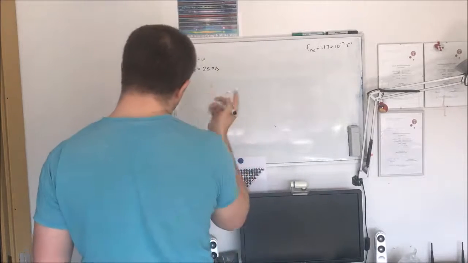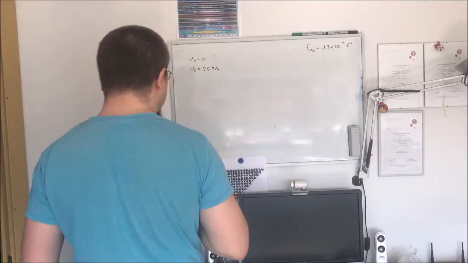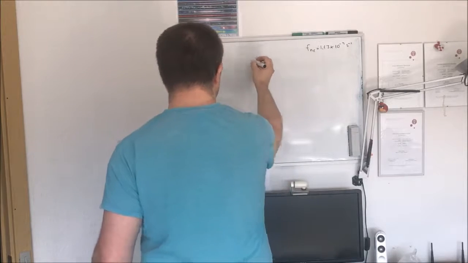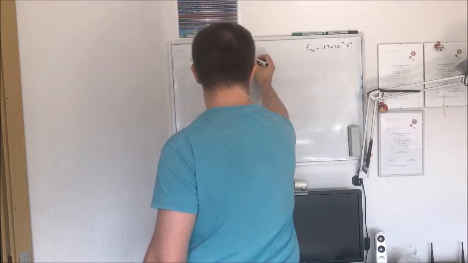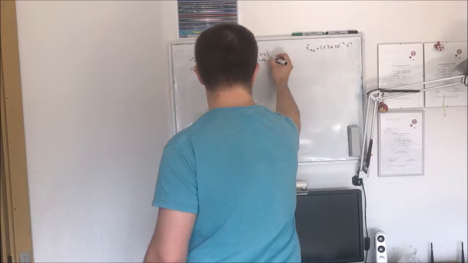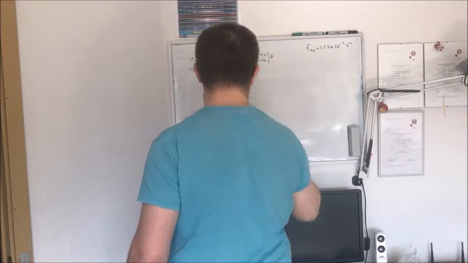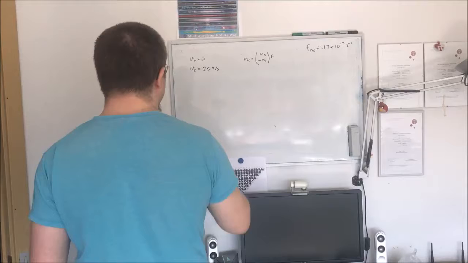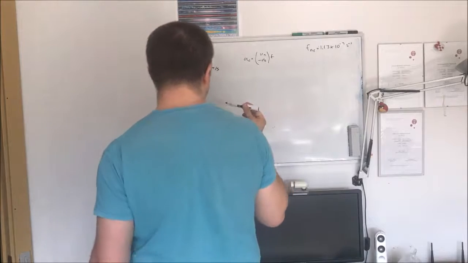Alright, let's make the same calculation again. Again, we use the simplified form where the Coriolis acceleration is equal to Vn minus Ve times f. But this time I'm moving westwards.